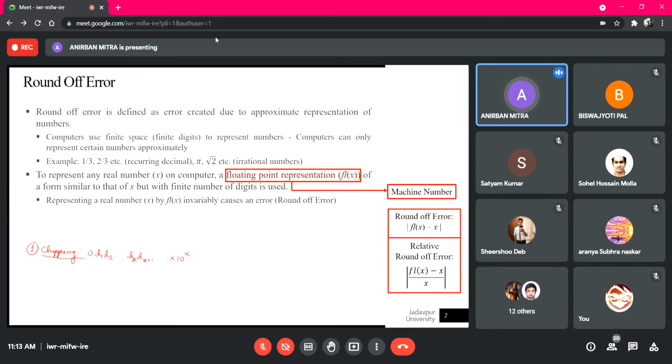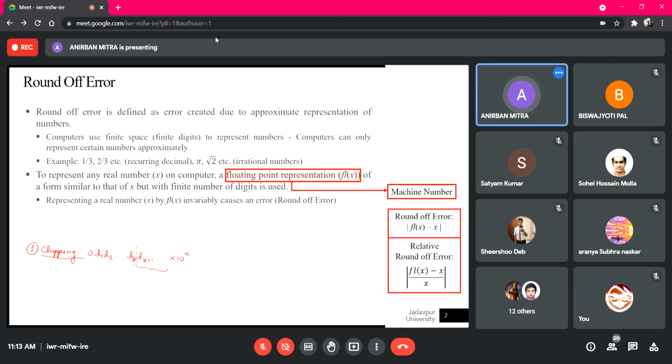So that is a representation of a number. By the way, this is a decimal number. We have not yet gone into the realm of binary representation. So what is done in the case of chopping is that after k number of digits, we drop these values.